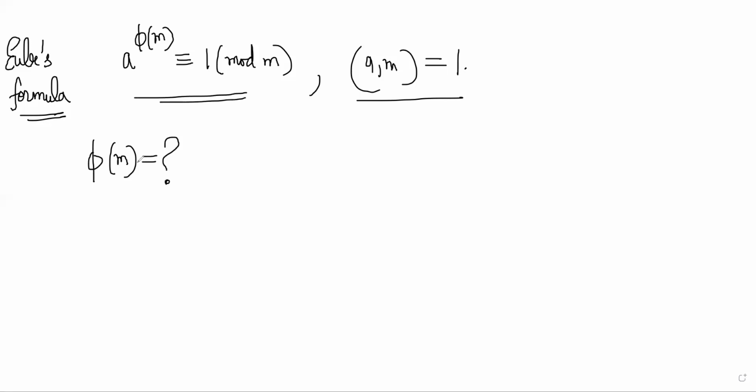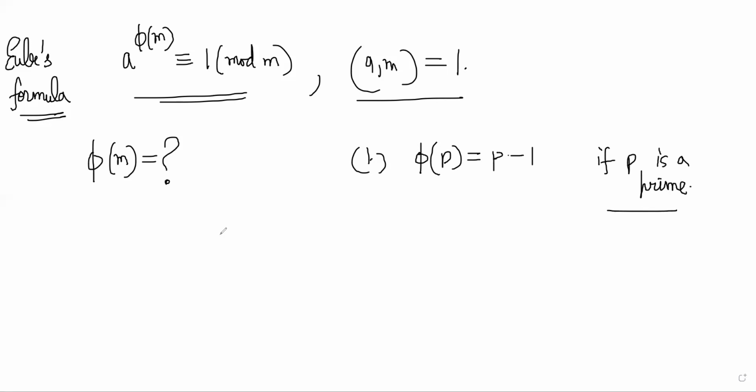So far what we know is phi of p is equal to p minus 1 if p is a prime, right? Can you find out what is phi of p power k? Think about it. What will be phi of p power k?